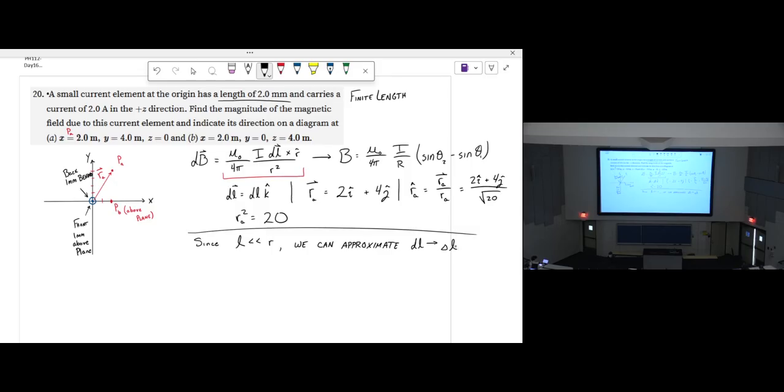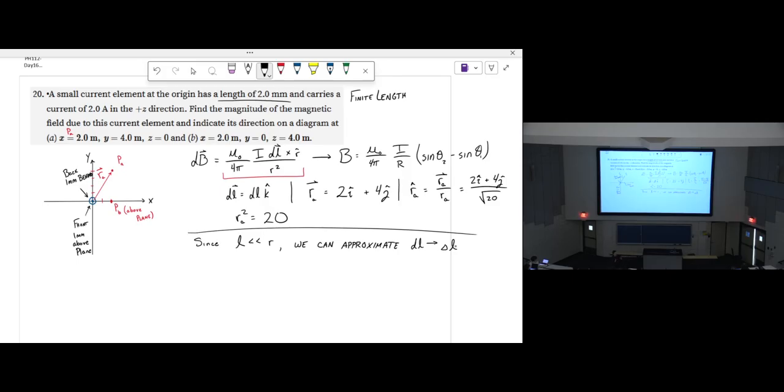What I'm trying to say is, if you were to do the integral of dl cross r, think about it: r is the square root of 20, so over 4 meters away, 4.5 meters away, roughly. And then we're integrating over this segment of wire that is 2 millimeters in length.